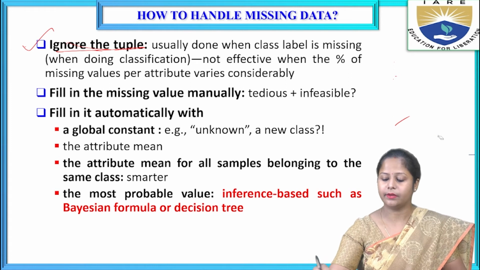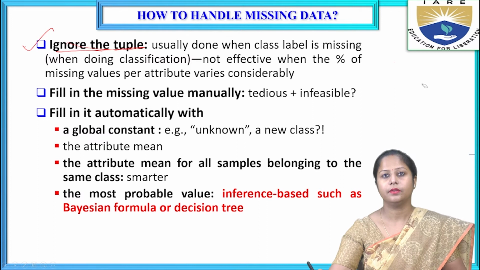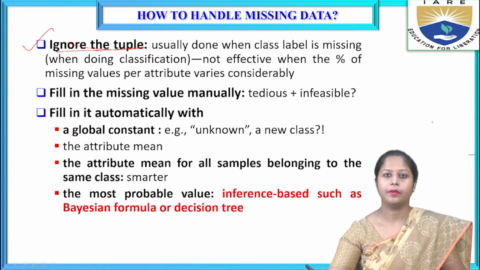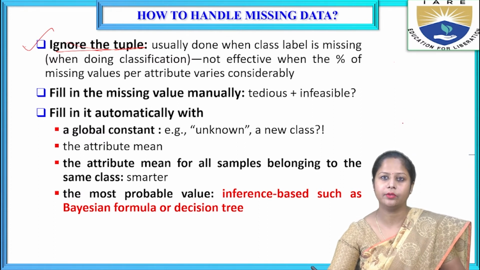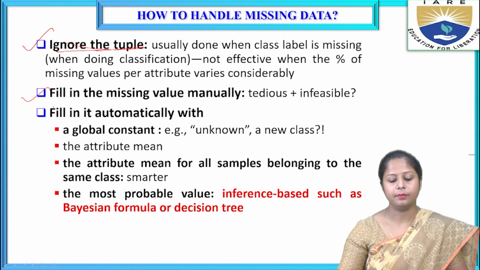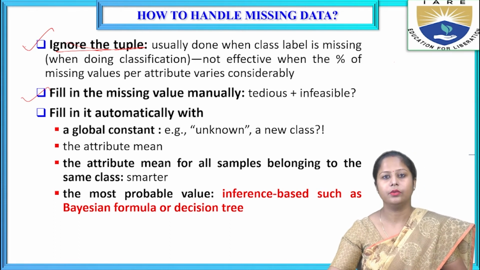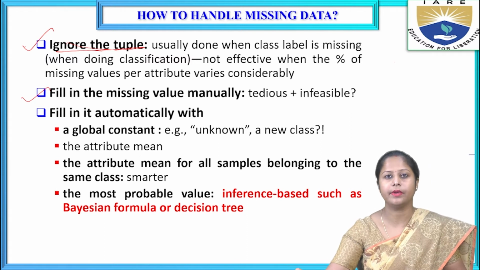If the name class label is not there, because every column depends on the others, we ignore the tuple only when missing values are not much more. Second is fill in the missing value manually. That is another way to handle the missing values.